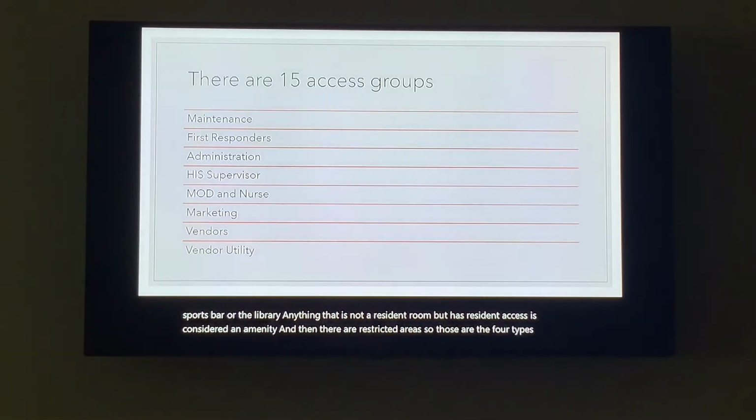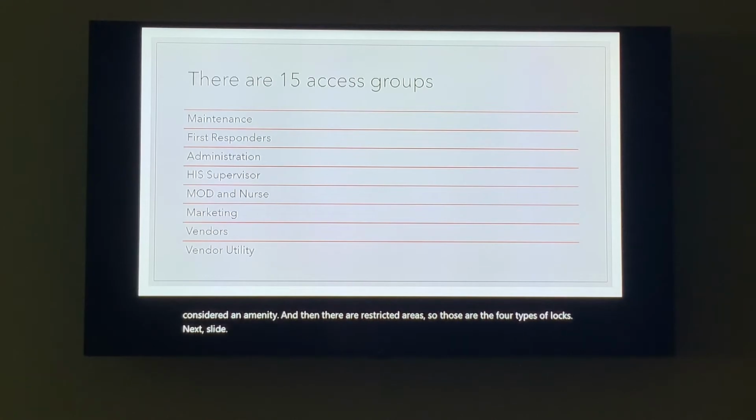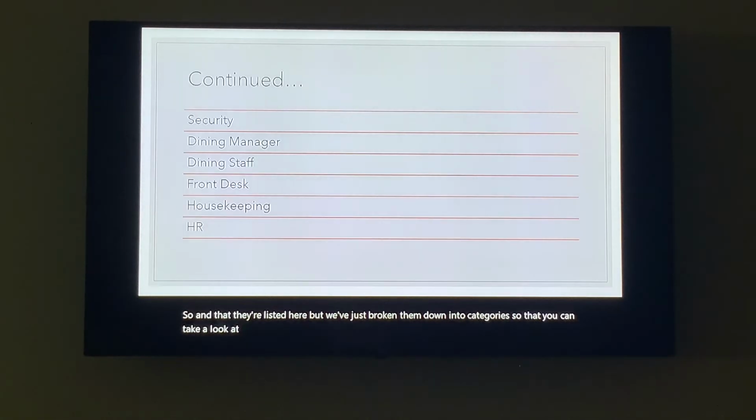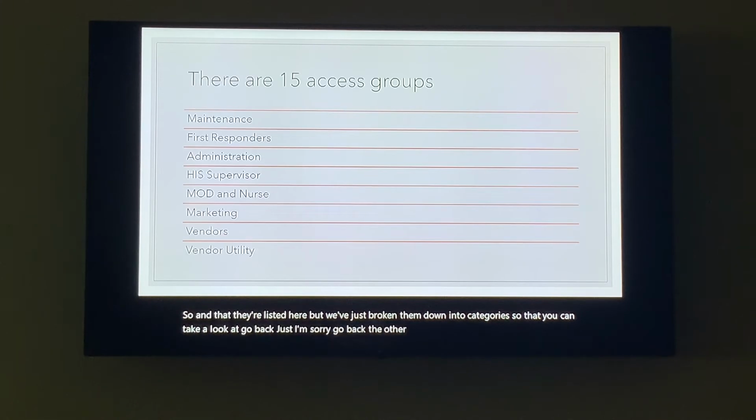Next slide. Now there are 15 access groups. They're listed here, but we've just broken them down into categories so that you can take a look. We've also broken this down in terms of who has the most access to the least access.